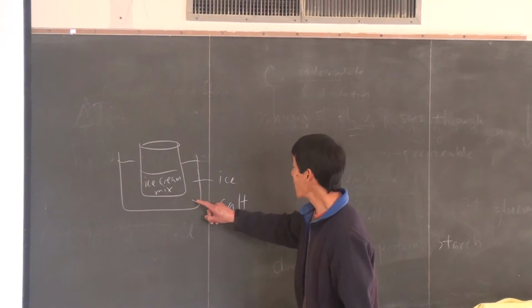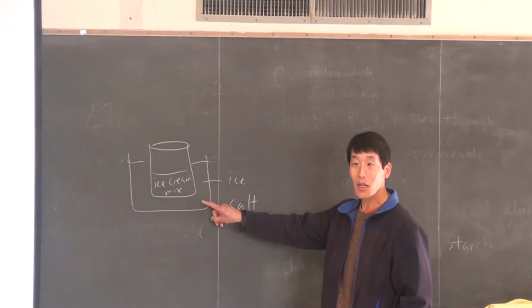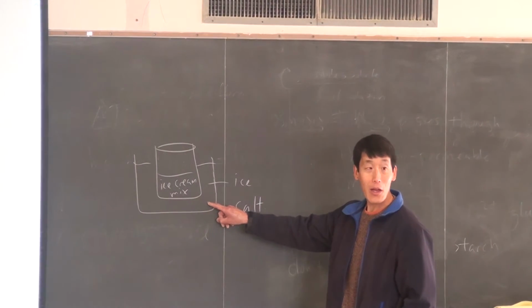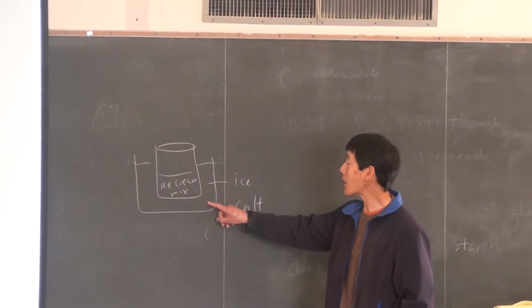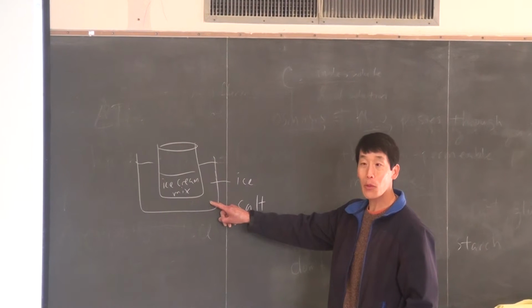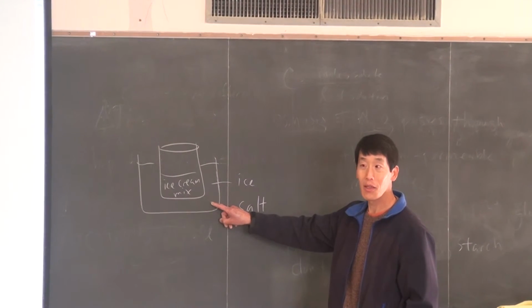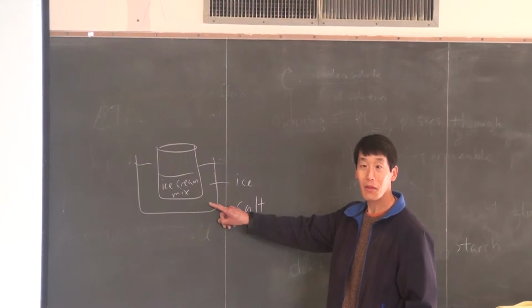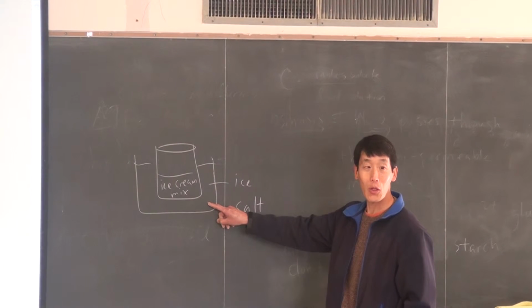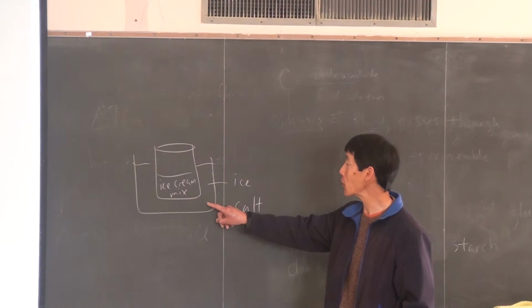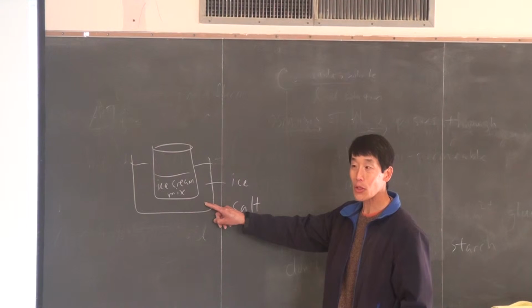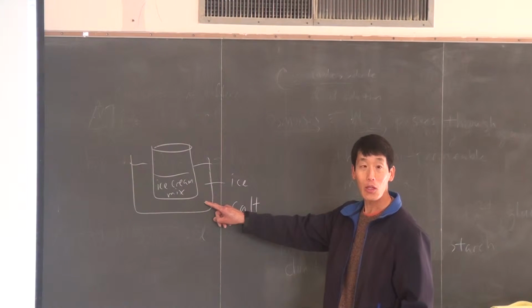When you make your salt ice mixture, are you going to calculate the amount of salt to add to the ice so that the temperature is going to be minus 10 degrees? Or will you calculate the amount of salt so that this mixture is going to be lower than minus 10 degrees?